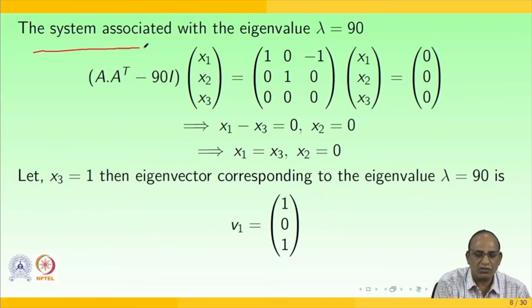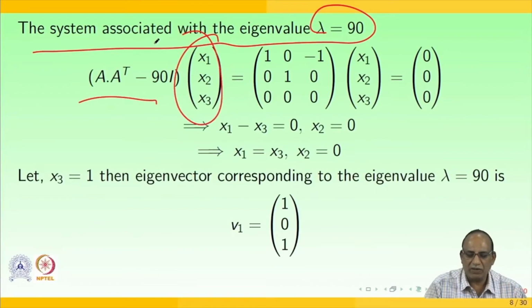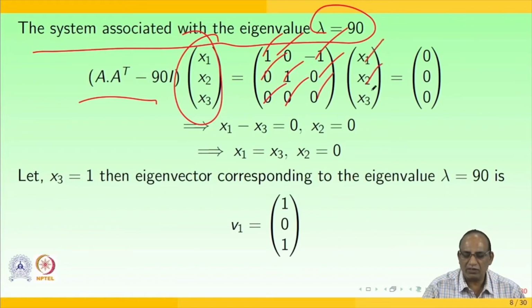This becomes the system associated with the eigenvalue lambda equal to 90. It becomes A times A transpose minus 90I multiplied with x1, x2, x3, that is 1, 0, minus 1, 0, 1, 0, 0, 0, 0 multiplied with x1, x2, x3, which is equated to 0.